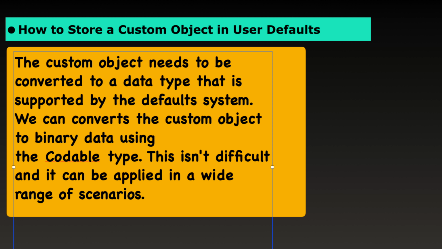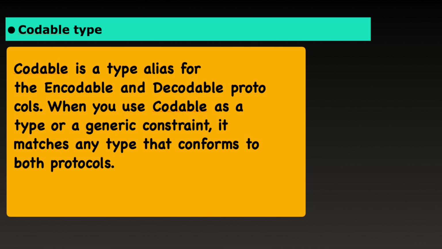We can convert the custom object to binary data using the codable type, and this makes our work very easy to save the data to user default, and then we can fetch the data easily. So what is the codable type? A codable type is a type alias for the Encodable and Decodable protocols.